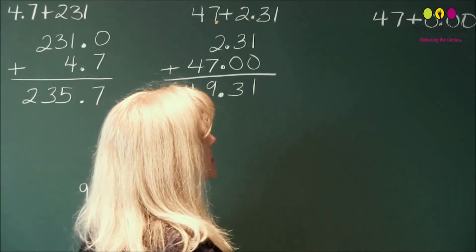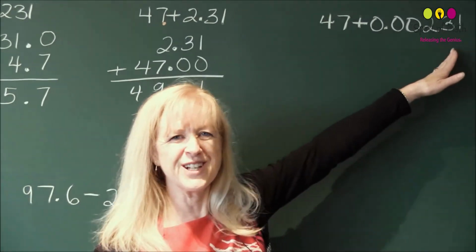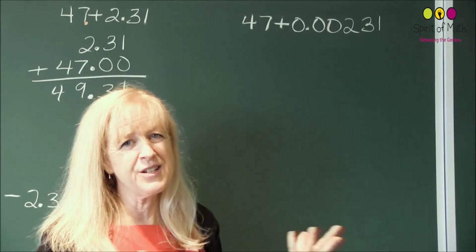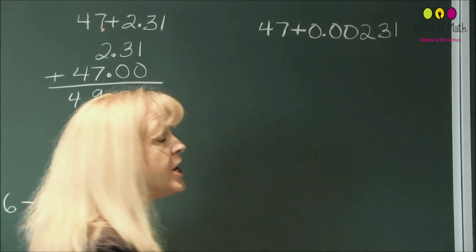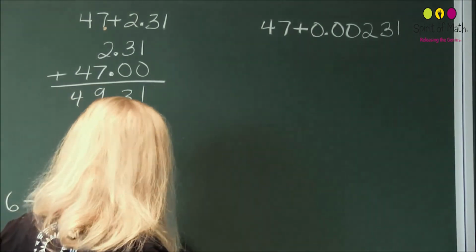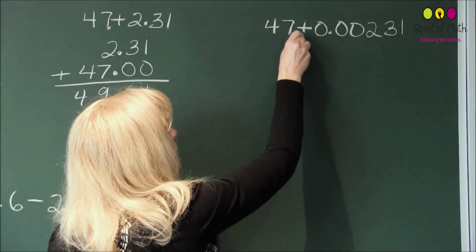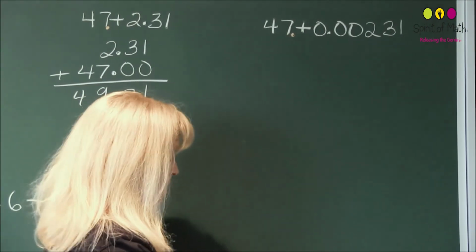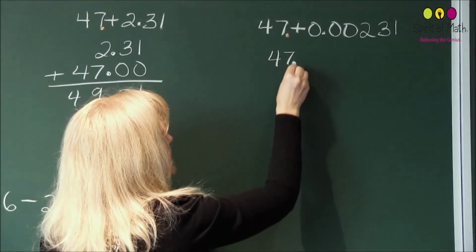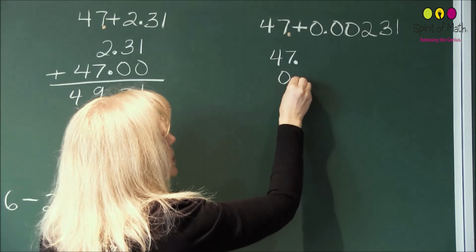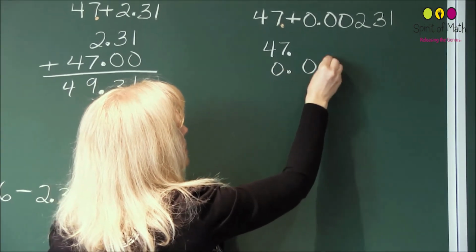Now when you get to something like this, which looks a little crazier because I added all those zeros into it as place values, you still have the same rule, where the decimal for the 47 is after the 7. So you take that 47 decimal, and you add the next number.